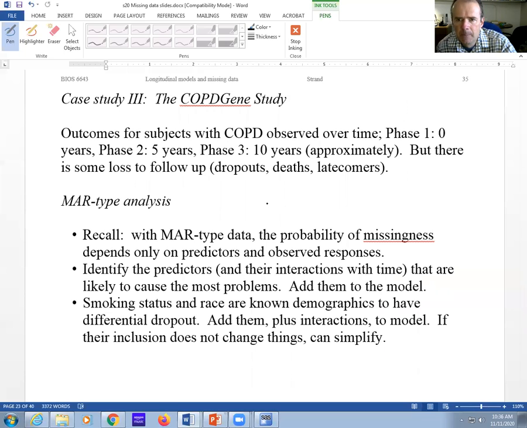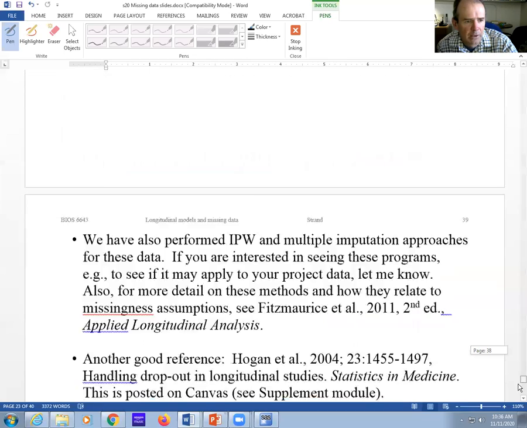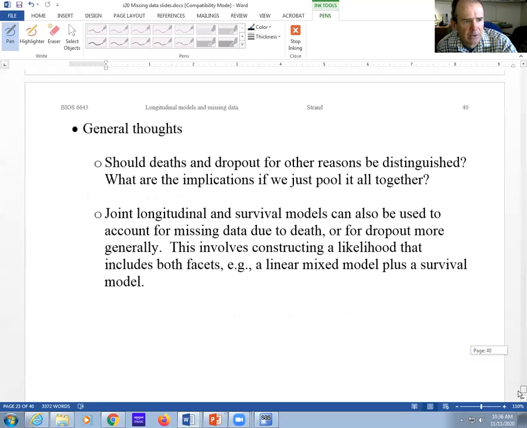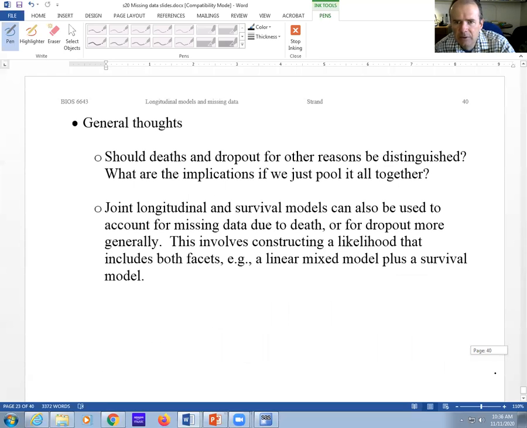The last thing I wanted to say is about dropout. What causes dropout? There are different things that cause it. Subjects could die, especially if it's a very serious disease and they're older, so there may be a higher mortality rate in your study. But some subjects just decide they don't want to participate anymore, right?